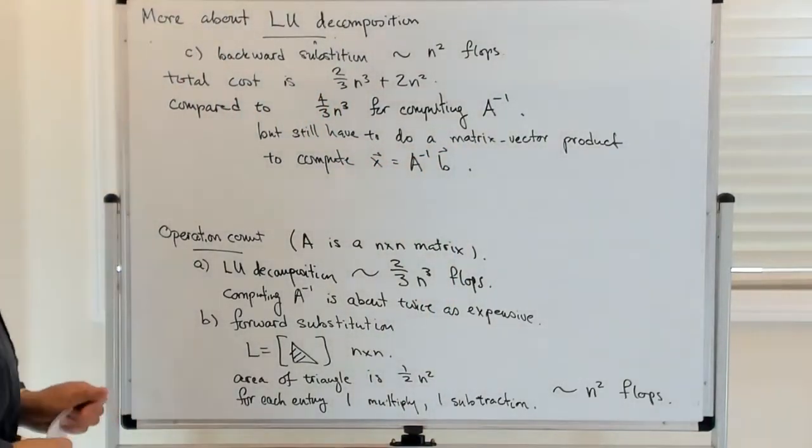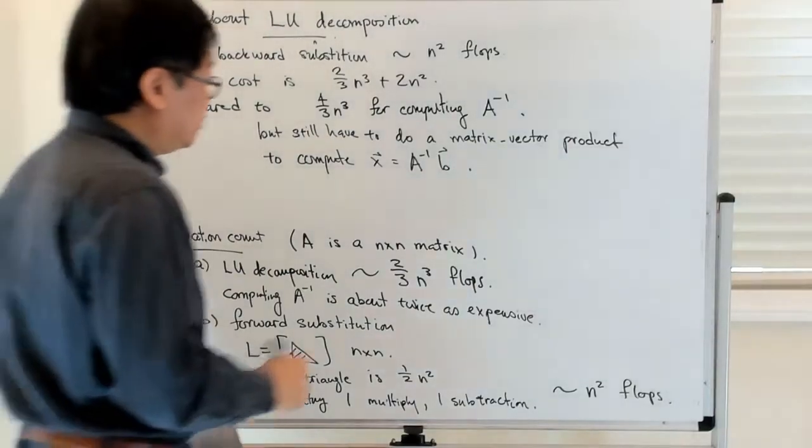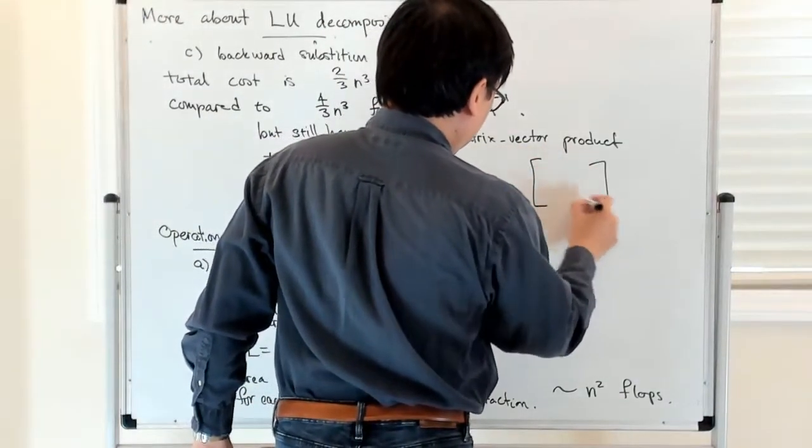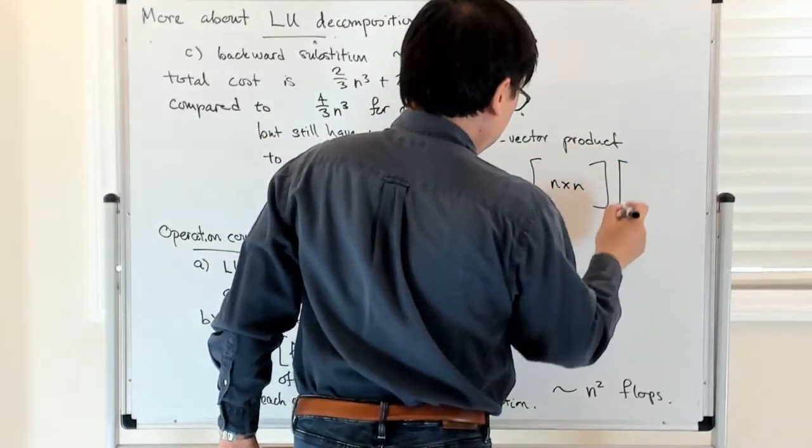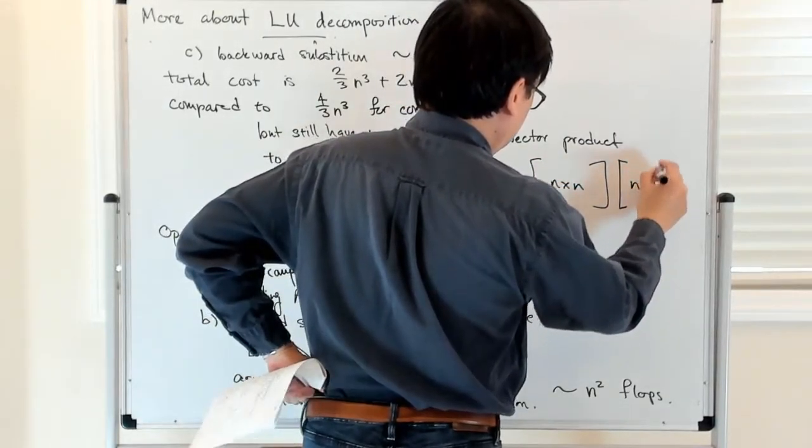So that adds some cost to it. You basically have an n by n matrix here, then n by 1.